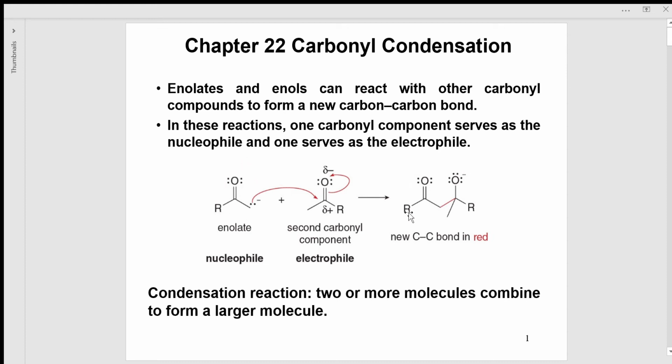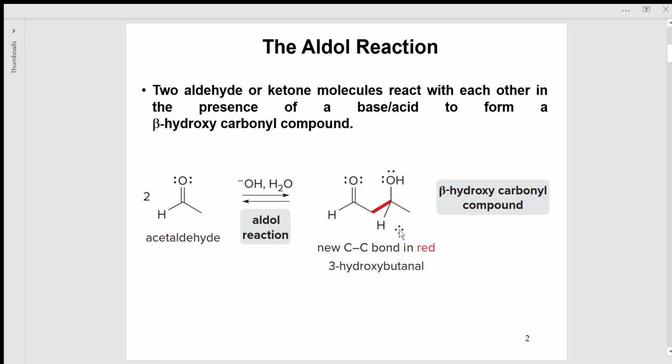So we are going to make a bigger molecule during this process. Normally, a small molecule is eliminated. So let's take a look at the details of the carbonyl condensation reaction.